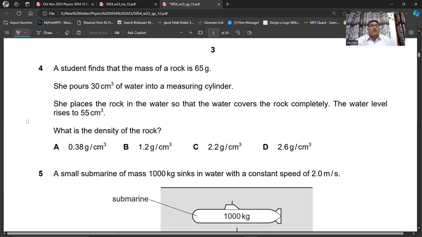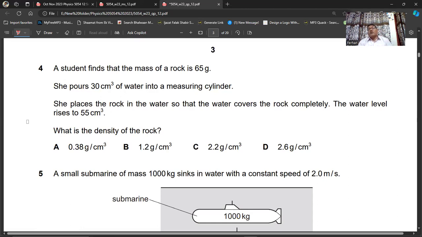Question number 4. A student finds that the mass of a rock is 65 grams. She pours 30 centimeter cube of water into a measuring cylinder. She places the rock in the water so that the water covers the rock completely. The water level rises to 55 centimeter cube. What is the density of the rock?